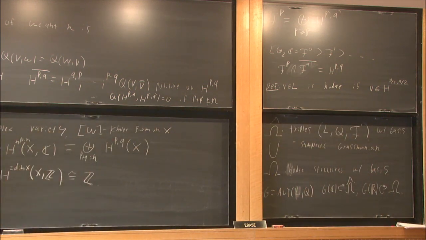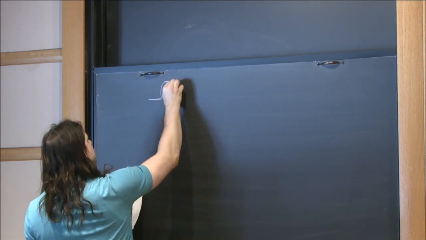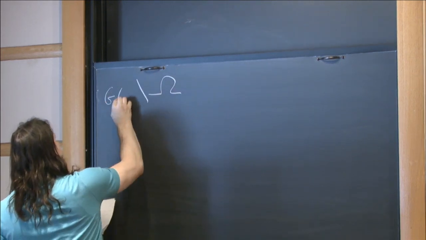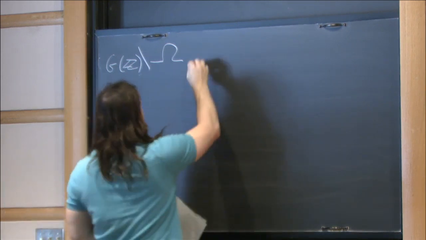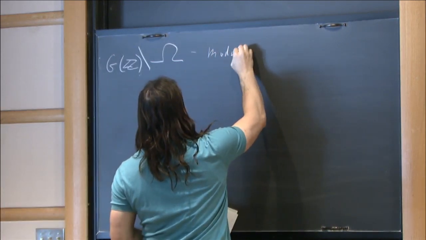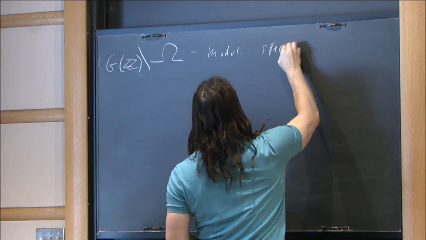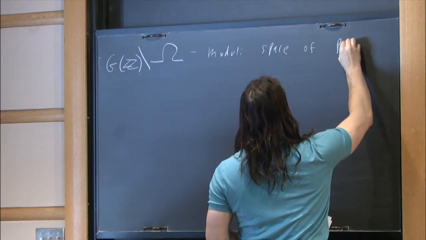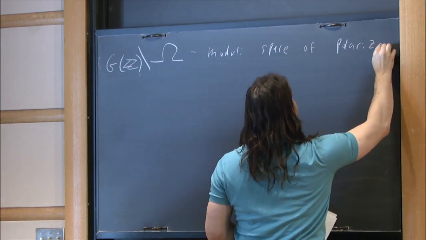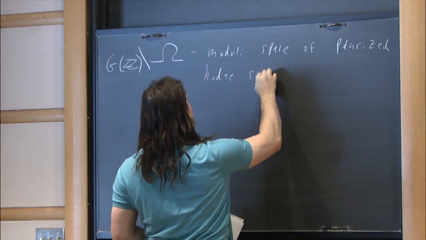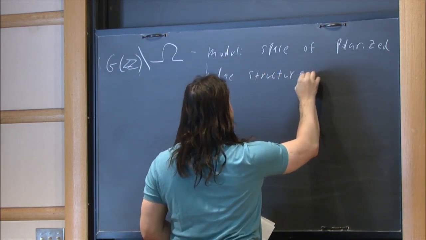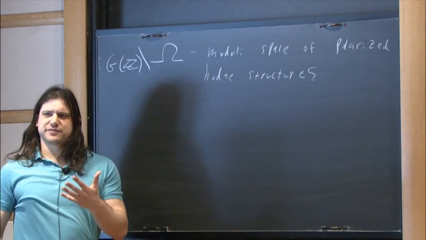And if we want to talk about the moduli space of Hodge structures, we just look at omega mod G_C, and after some coarseness issues, this is the moduli space of polarized Hodge structures, where of course I've fixed a certain type.